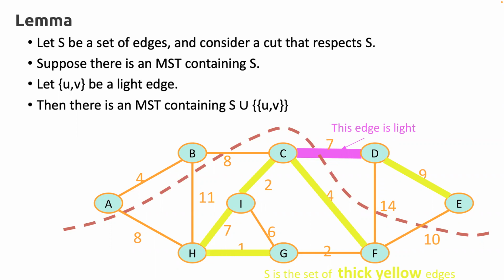So there is going to be some edge that crosses the cut, and there is going to be some minimum edge, right? Then the claim is that there is going to be a minimal spanning tree that contains the set S plus our edge UV. So the claim is I can add the edge UV to my set S, and it'll still go towards building a minimal spanning tree.